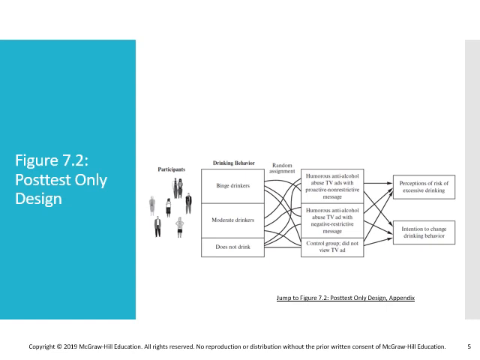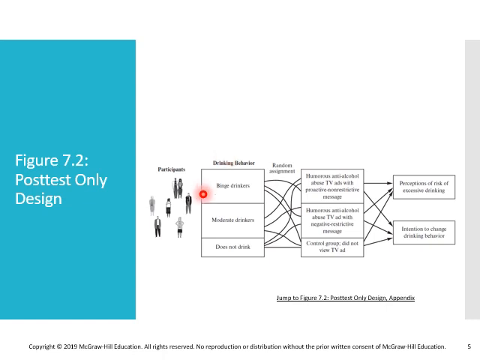So here we have an example of how a classical design can look. Over here on the left, we have participants, all the people that we have selected to be our participants. The next step in this example, we ask them to define their drinking behavior.